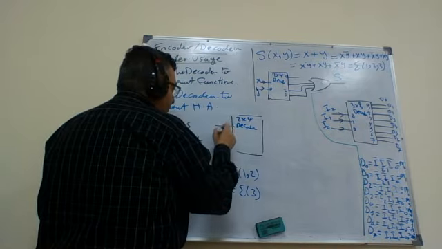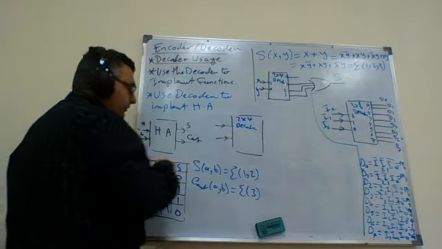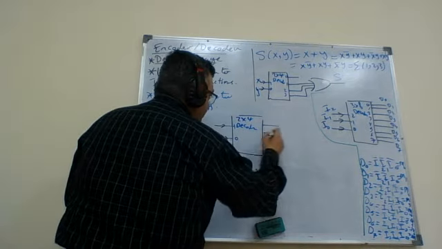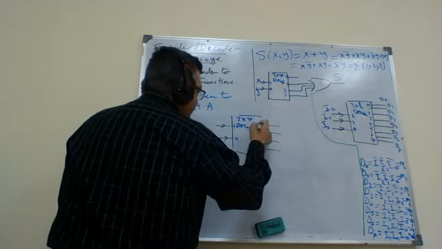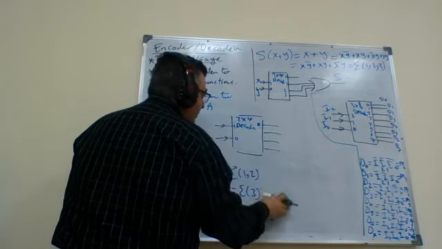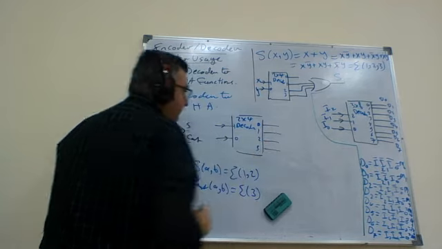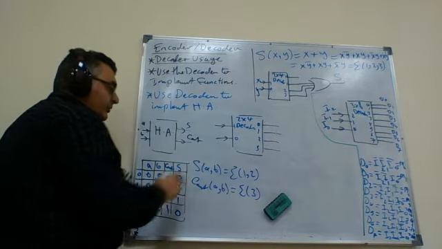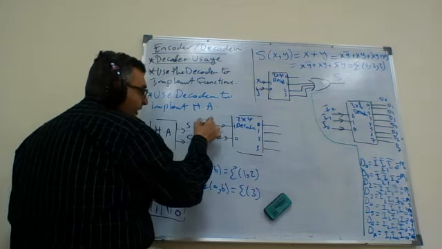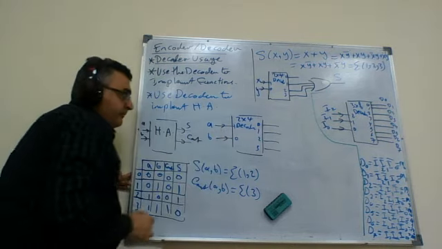This 2 by 4 decoder has outputs 0, 1, 2, 3. The most significant input here I label as A, and B here.